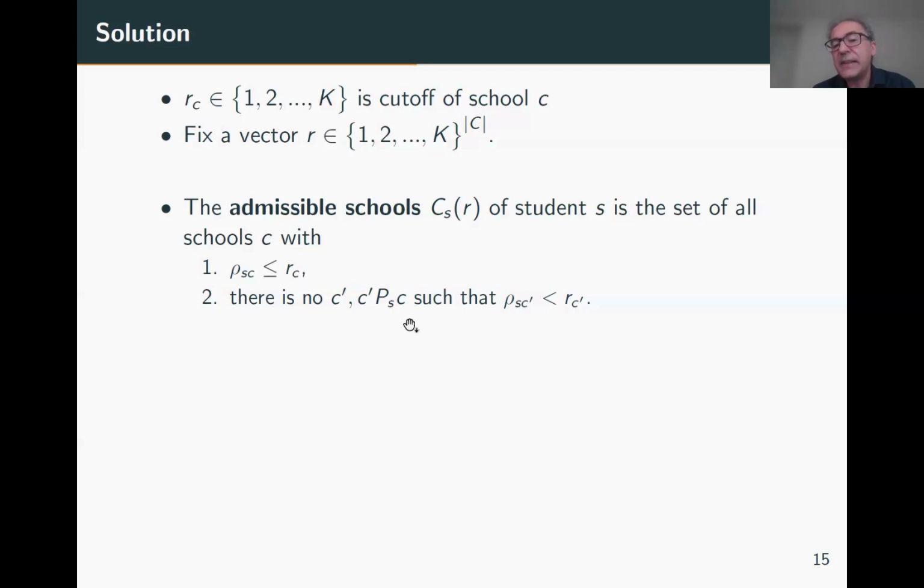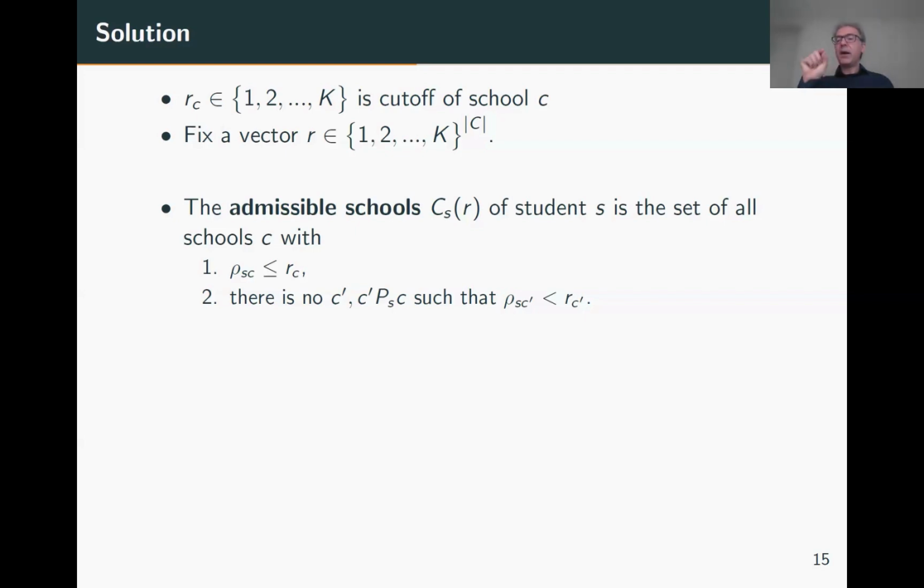Why? Because if she had such a school C prime, she would get in for sure, and she would never consider school C, which she ranks lower. And I define the admissible schools this way. This is really the set of schools that we need to consider.